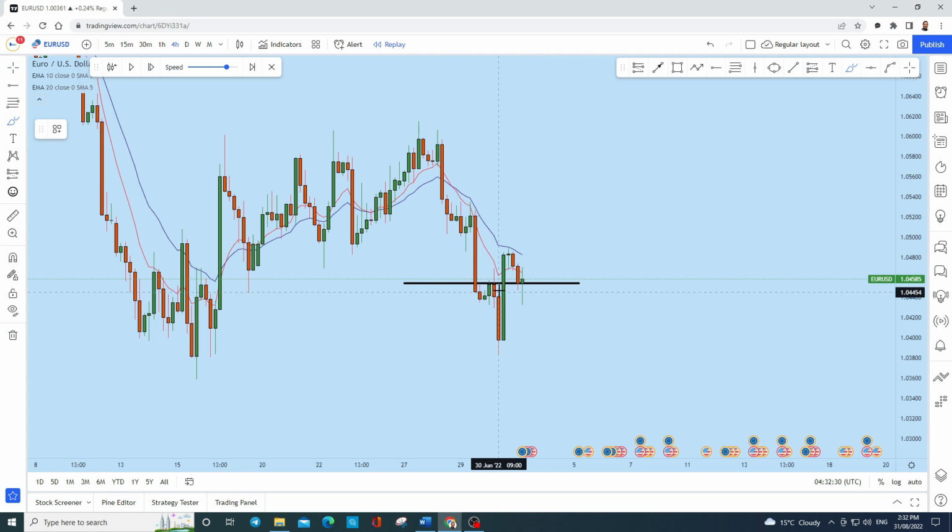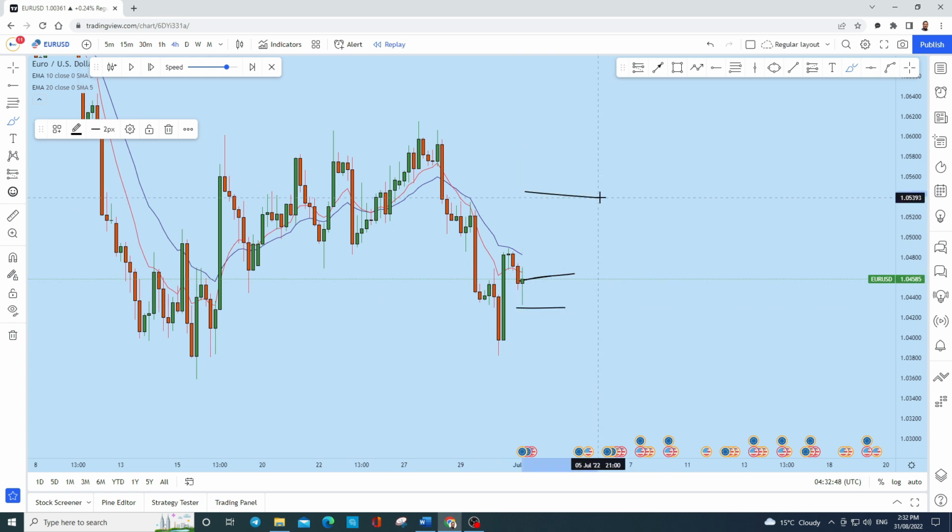Okay, here, the neckline of this double bottom, this resistance tested as support and formed a doji or a pin bar. Okay, bullish pin bar. Okay, now let's go long. Everyone will think that way.